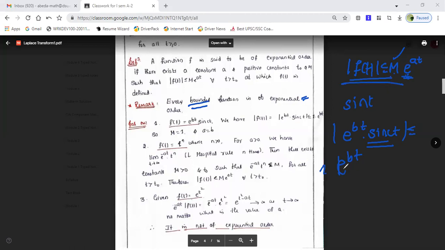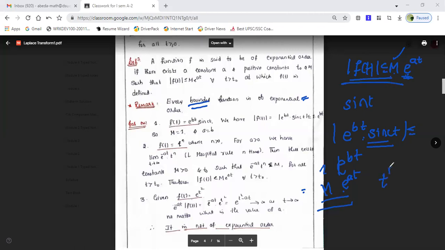This implies the whole function's modulus can be written as 1 into e to the power bt, where this 1 is nothing but my M, and this is nothing but e to the power at, where a is equal to b. So we can express the given function as less than or equal to M into e to the power at. Thus, this function is also of exponential order.